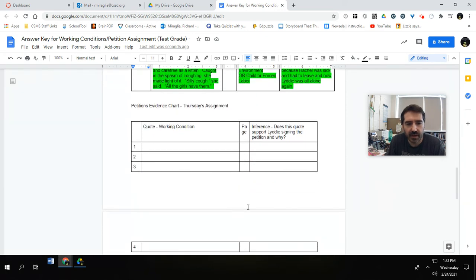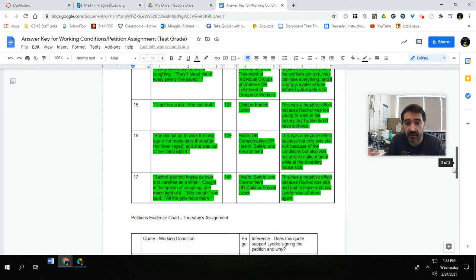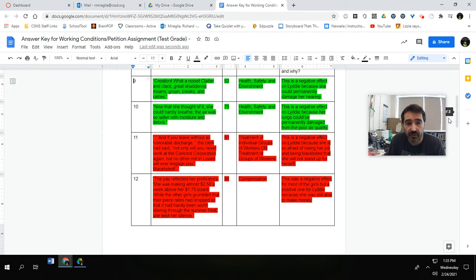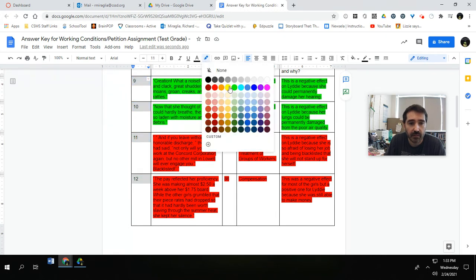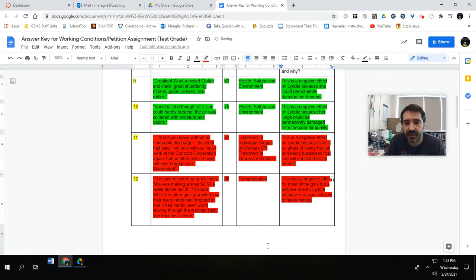If we look here, we need 4 quotes. I want you to pick the 4 quotes that you think are the best in your charts. I'm going to go with the first 4 quotes, and I'm going to highlight them in yellow. So those are the quotes that I'm going to use.